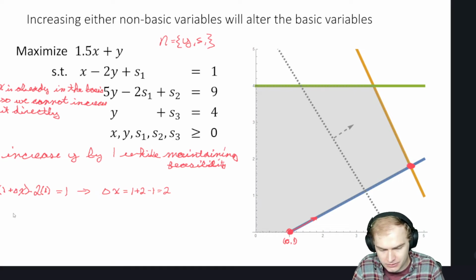which makes our objective, so let me just write that.